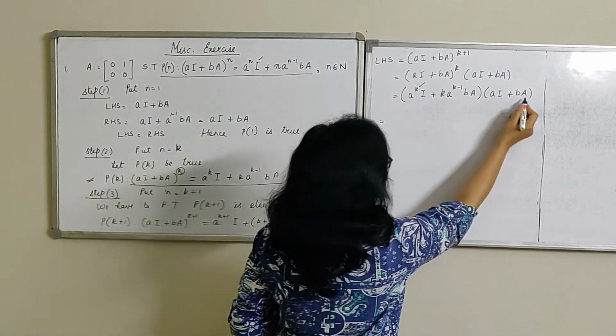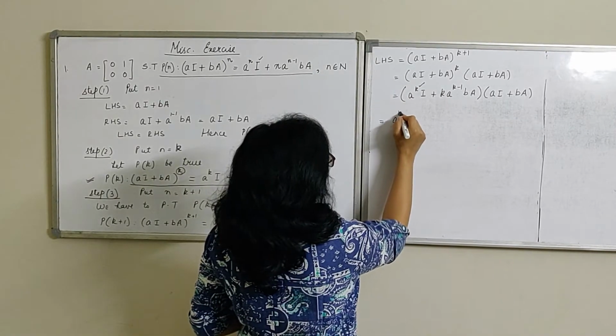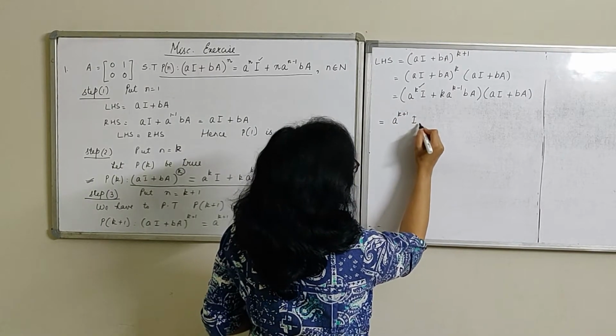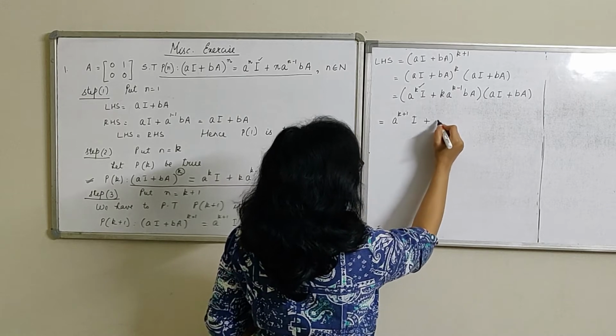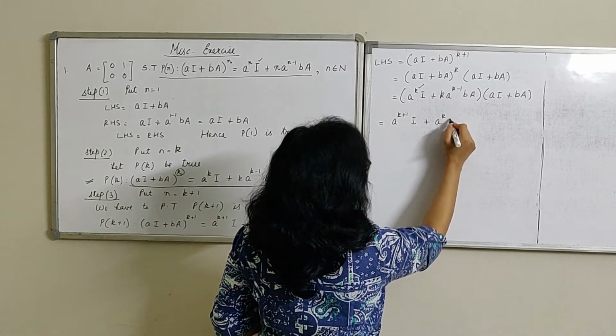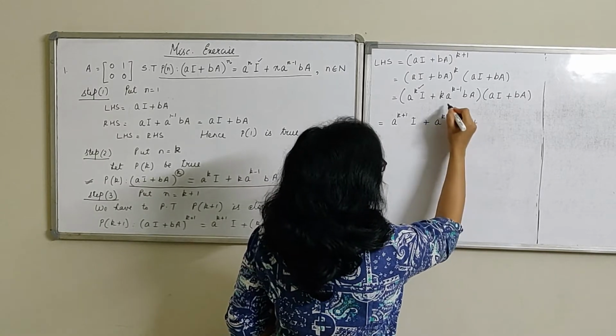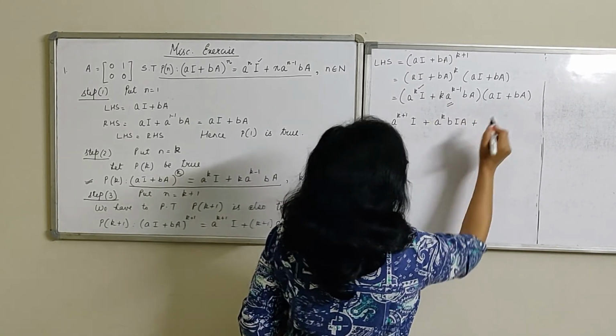Multiplying this term with these two elements, we get a to the power k plus 1 I plus a to the power k b I into A. Let us multiply this element with these two elements.